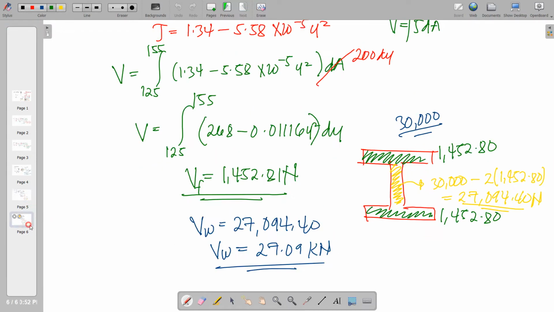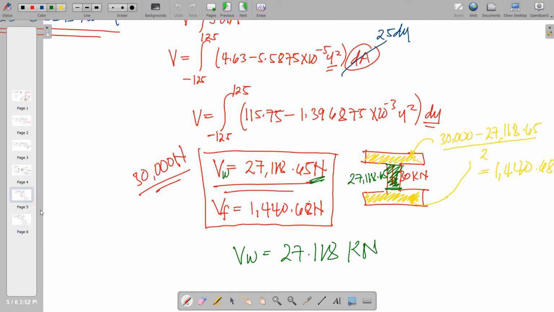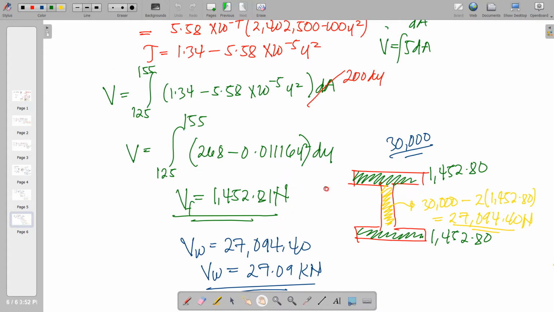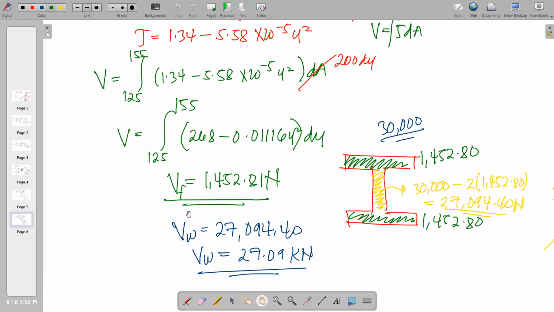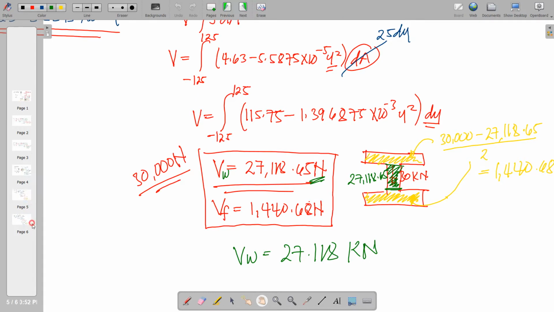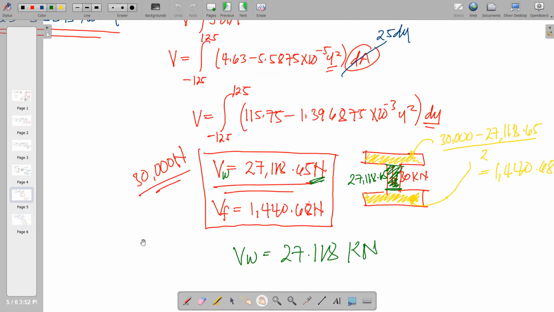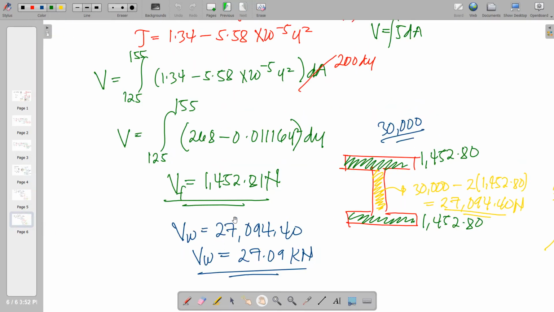Of course, because of the errors caused by the rounding of numbers. But if you're going to execute the numbers carrying all of the decimal points, it will yield the same answer. So anyway, this difference or the variance is still acceptable. So only slight difference between the two results.